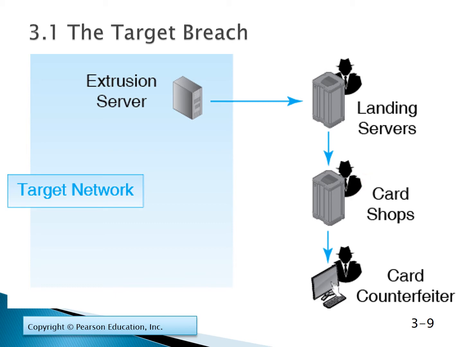These are people who handle stolen credit card data, and they will sell it to other companies or other hackers, or sometimes they will manufacture the actual credit cards based on the stolen information, and then try to use these cards for fraudulent transactions.